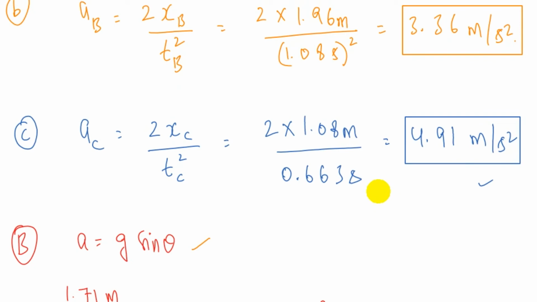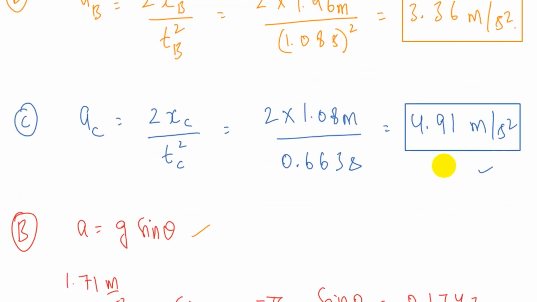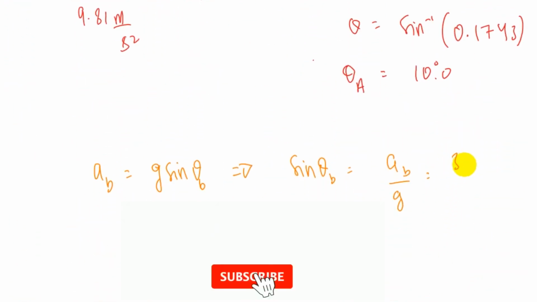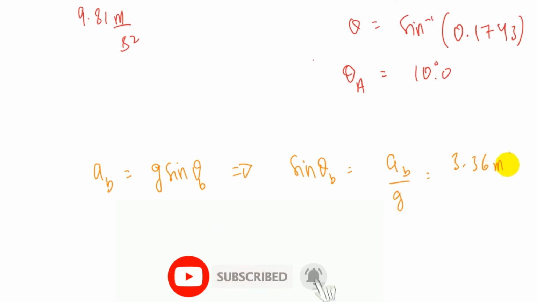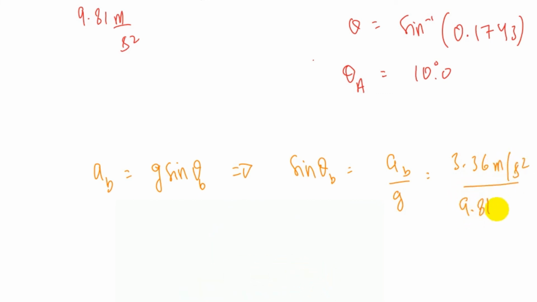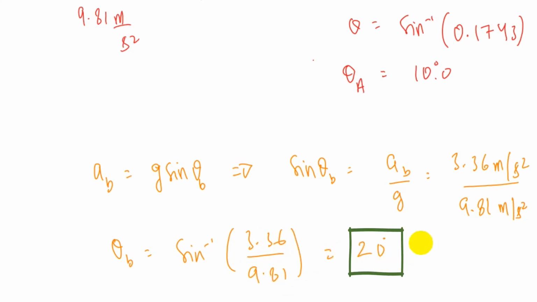Now acceleration a_B we calculated to be 3.36 meters per second squared, divided by g, 9.81 meters per second squared. Now the angle of inclination theta B will be equal to sine inverse of 3.36 divided by 9.81, which is nearly 20 degrees. So this is the angle of inclination for ramp B.